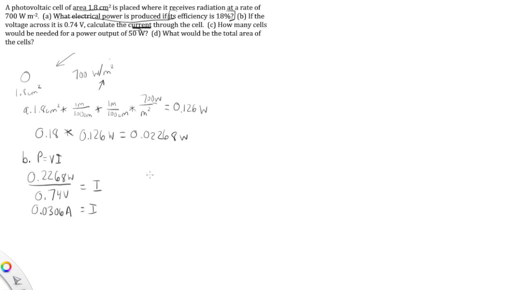For part C, it says how many cells will be needed for a power output of 50 watts. We see here that if we have one cell, we have this much power, so we can use this as a sort of relationship. We're trying to calculate 50 watts total, and we know that each cell has 0.02268 watts, and that's for one cell.